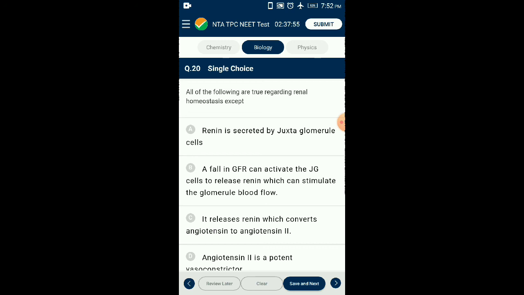The latter conversion is carried out with the help of angiotensin converting enzyme. As a powerful vasoconstrictor, angiotensin 2 increases the glomerular blood pressure and thereby GFR. Angiotensin 2 additionally activates the adrenal cortex to release aldosterone. So the answer for this question is option C. It releases renin which converts angiotensinogen to angiotensin 1, not angiotensin 2.